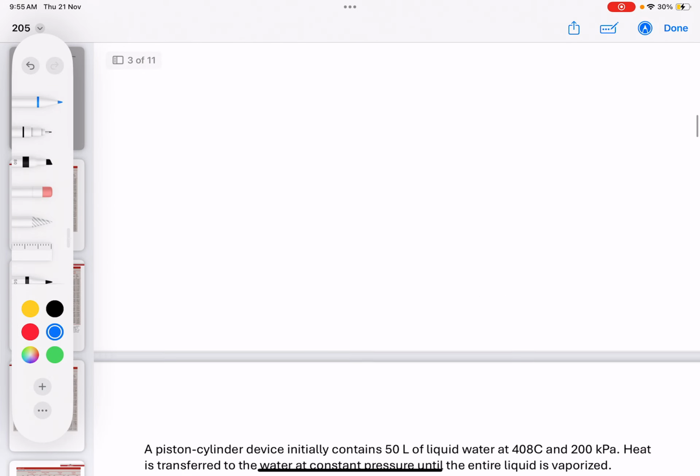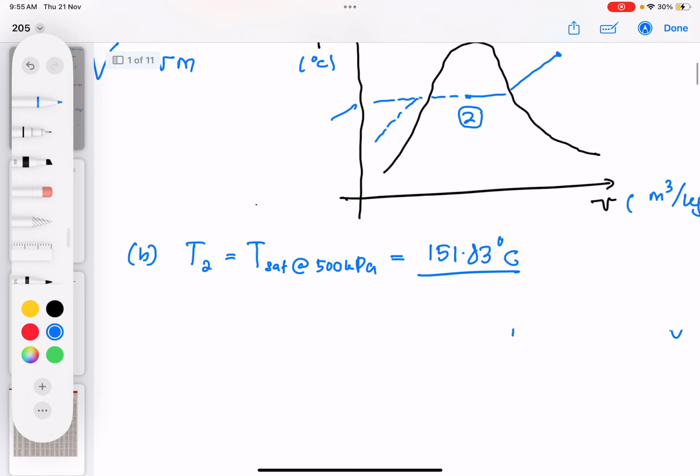So for state 1, my specific volume equals 0.42503.